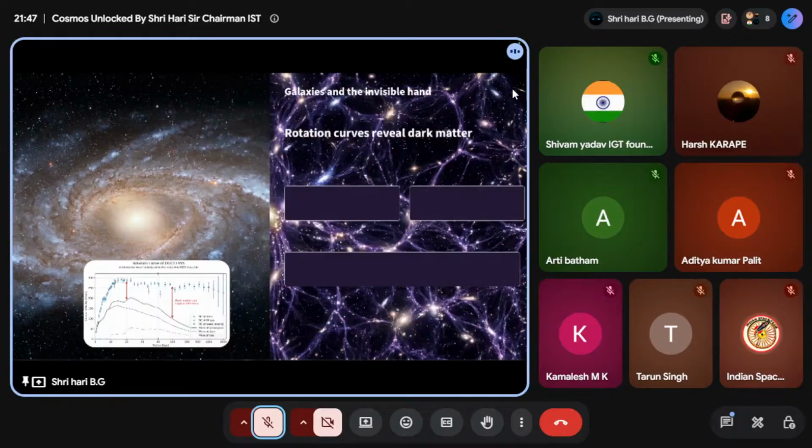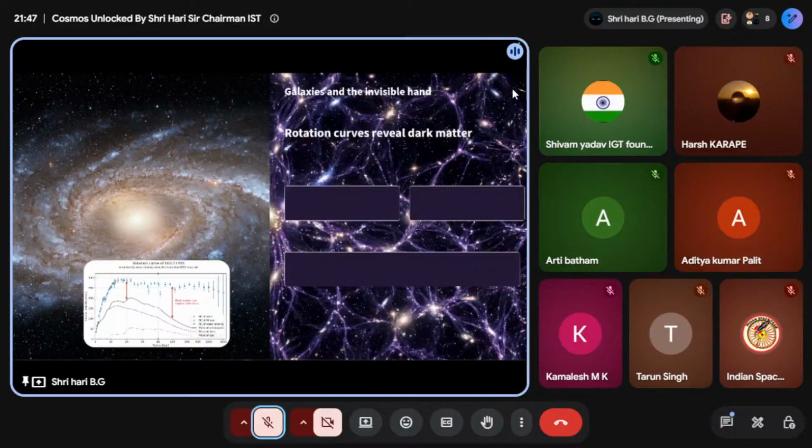We expect that as the radius increases, the velocity of the star should decrease, as we know, and from all the data we have collected. But in reality, it doesn't happen.